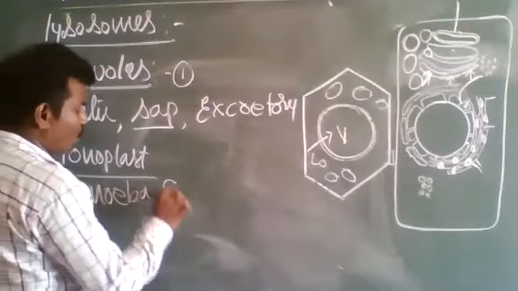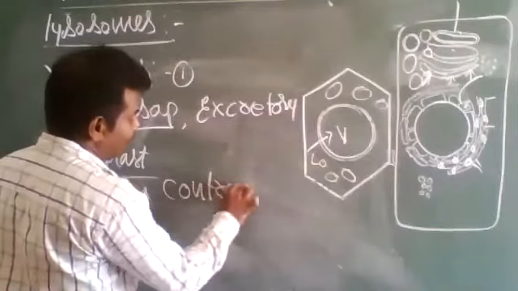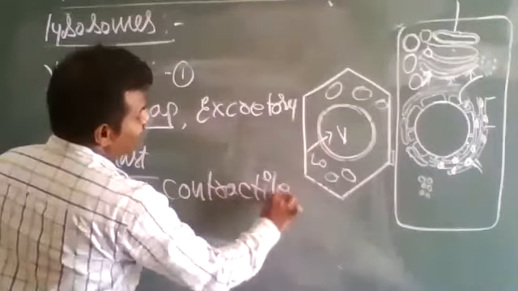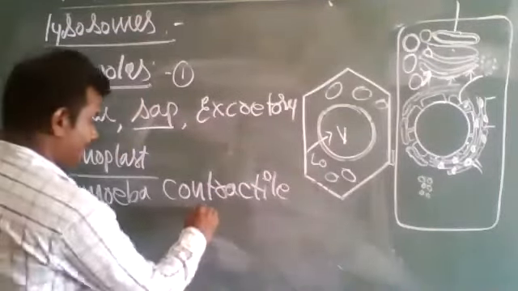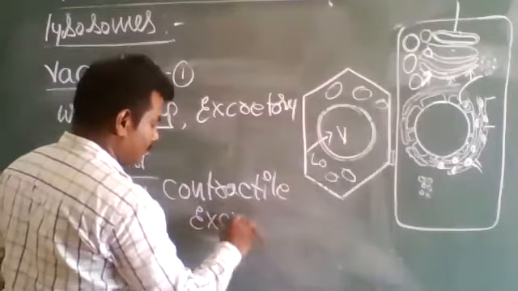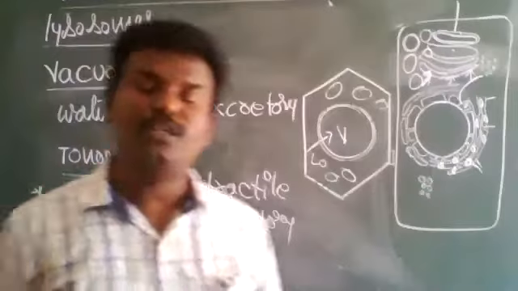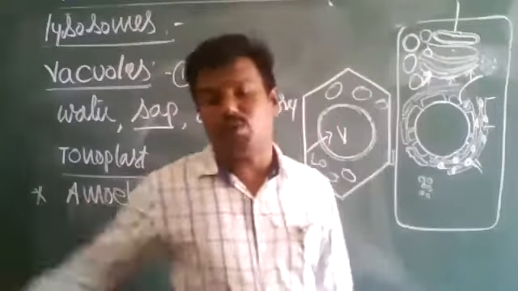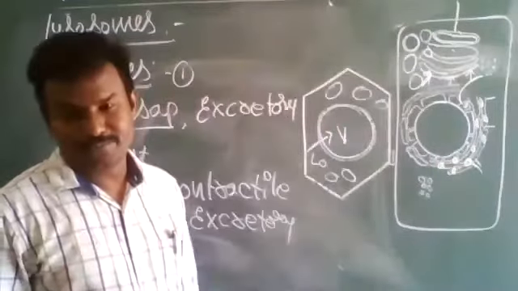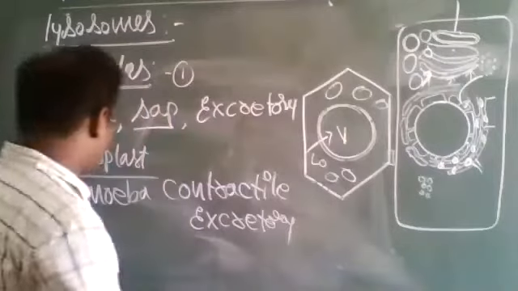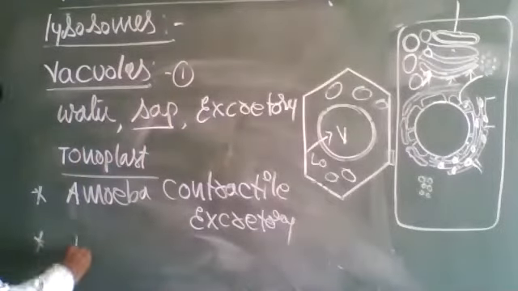In amoeba, the contractile vacuole acts as excretory. Excretory means what? Some waste materials are expelled out through the vacuole.